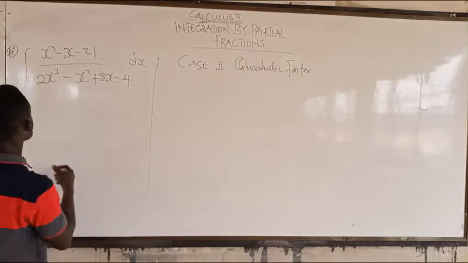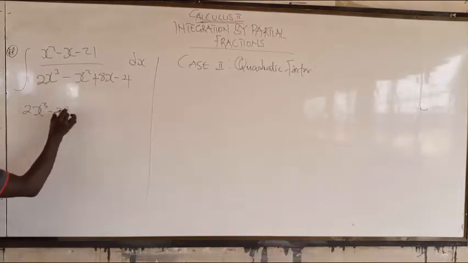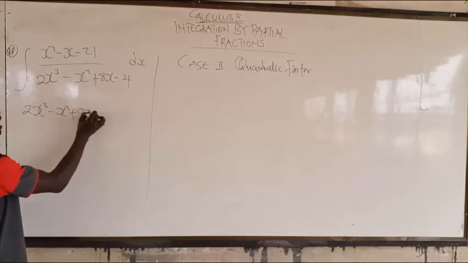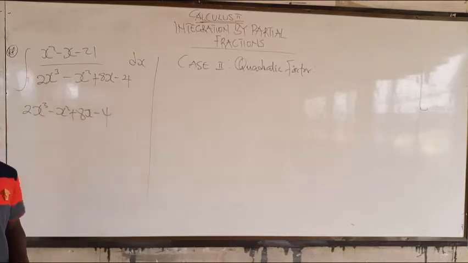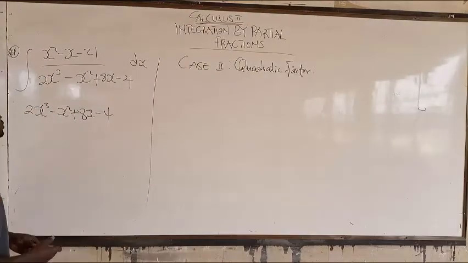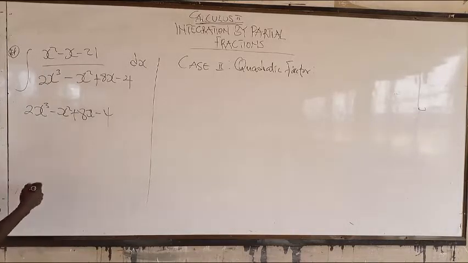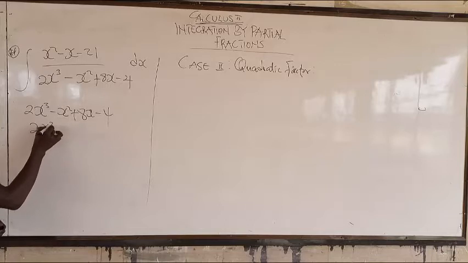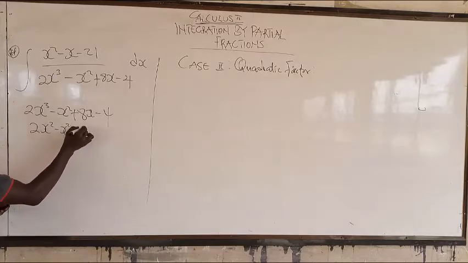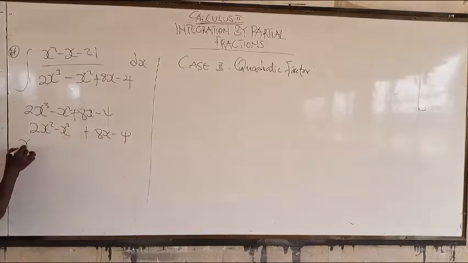Alright. So we go and apply our algebra. When you are to factorize this, how are you going to do it? Here, simply you can see that you can write it as 2s cubed minus s squared plus 8s minus 4.